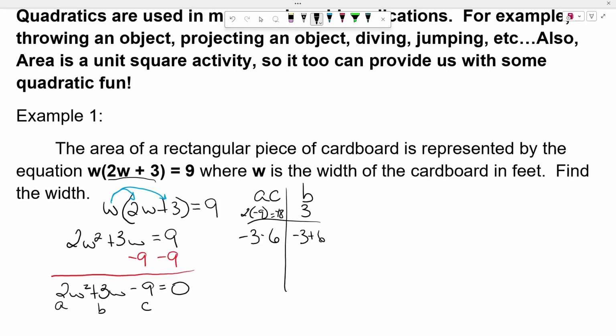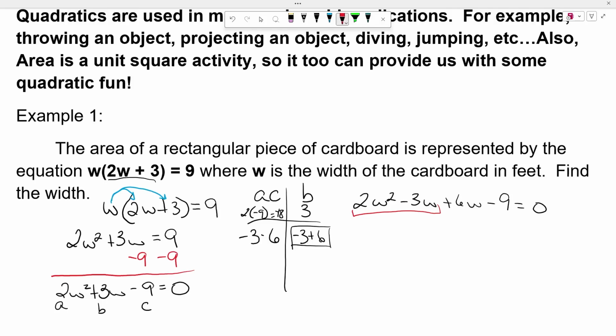Replacing the middle term, my B term, with a negative 3 and a 6, I now have 2W squared minus 3W plus 6W. Those are the two that I just found from right here. Minus 9 is equal to 0. I can now use my factoring by grouping.